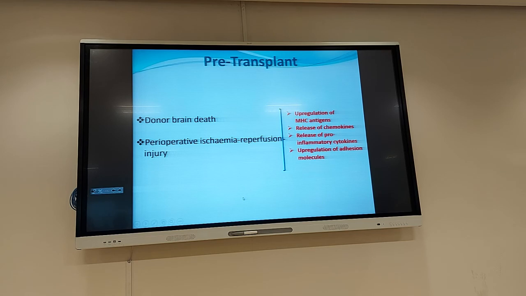Because if it doesn't, some of the cells that die can release DAMPs. And when they release DAMPs, that can stimulate an inflammatory response, cause upregulation of adhesion molecules and inflammatory cytokines, and all of that reduces the integrity of this donor.